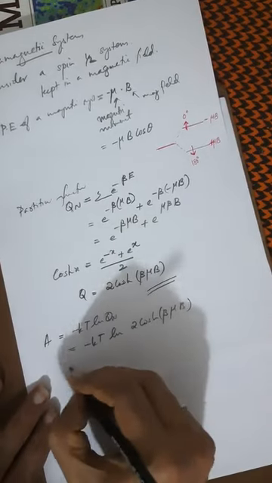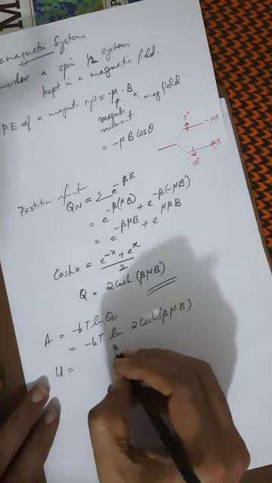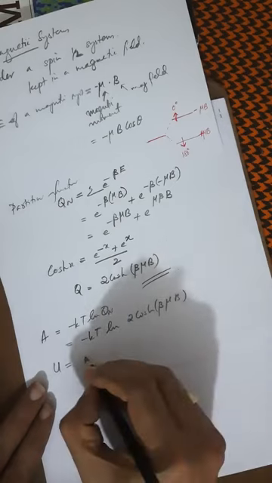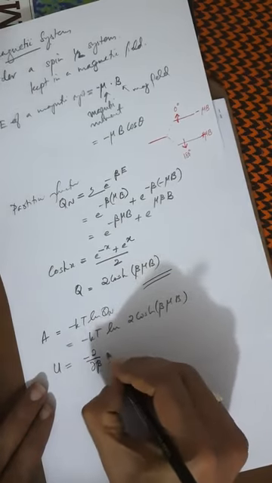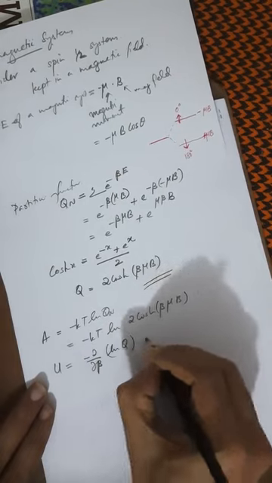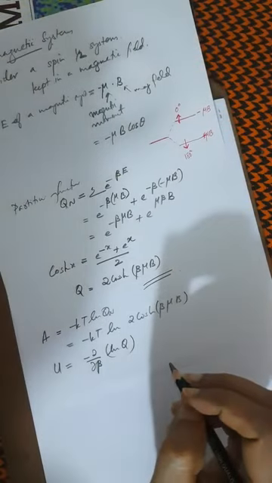And U is equal to what? Minus ∂/∂β of ln q, right?